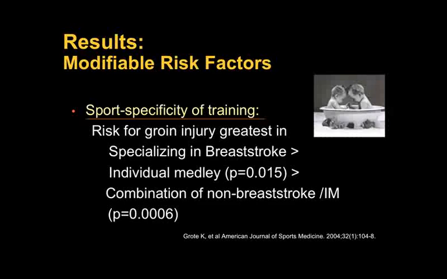Now, looking at other modifiable risk factors that we had talked about earlier: sport specificity of training. The risk for groin injury is greatest in those specializing in breaststroke, greater than individual medley, versus a combination of non-breaststroke and individual medley sports.